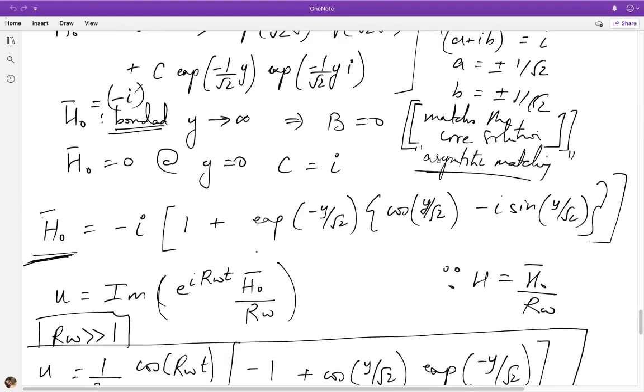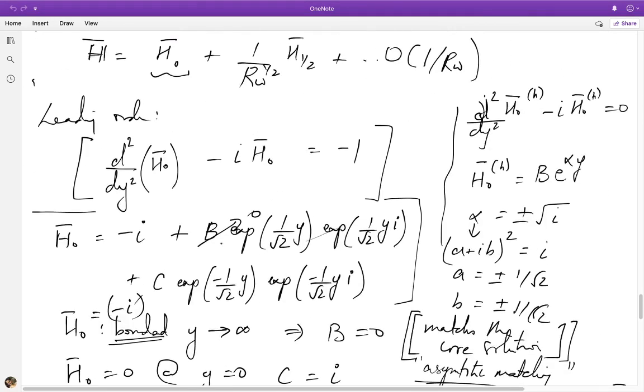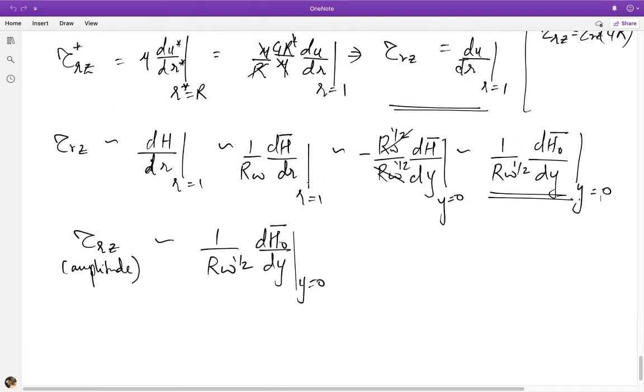But this is where the point I was trying to make becomes very clear. Even if you could not solve this problem for H bar naught, all that means is you can't determine this numerical factor. But from our entire scaling analysis, we know that H bar naught will not depend on Rw at all, and in fact its magnitude must be order 1.